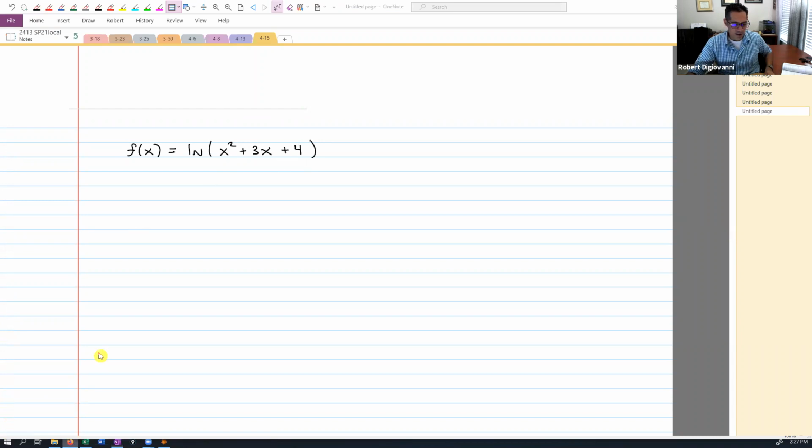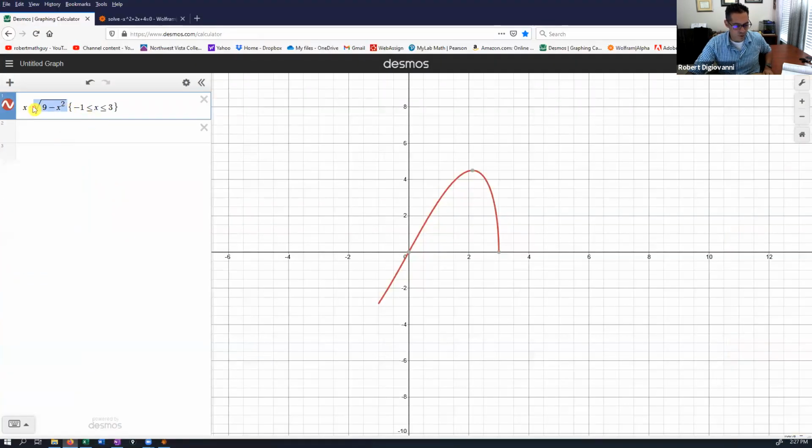Let me graph it first because I want to make sure that it's going to work the way I want it to. Natural log of x squared plus 3x plus 4.